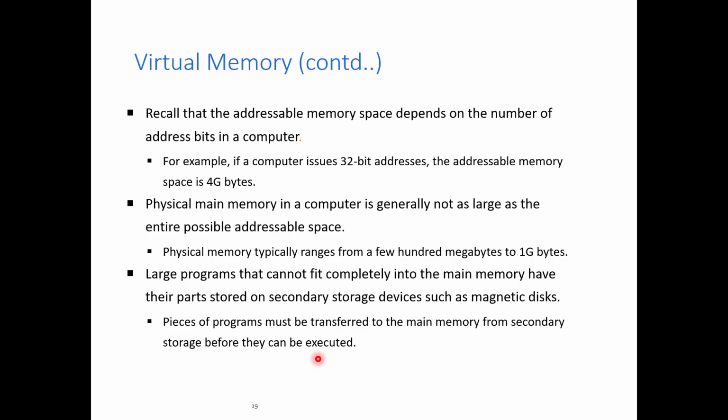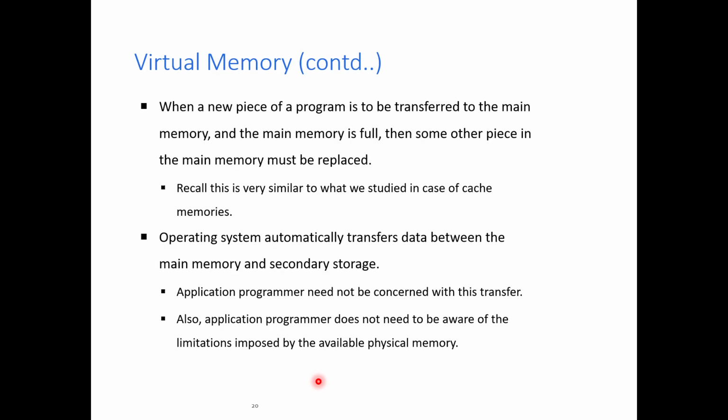Here the physical memory is not large enough to hold the entire program, so we go for virtual memory. Only the required portion of the program is loaded into main memory, and the remaining stays in secondary memory. Whenever the program is needed, it is loaded in. The operating system automatically transfers the data between main memory and secondary memory.